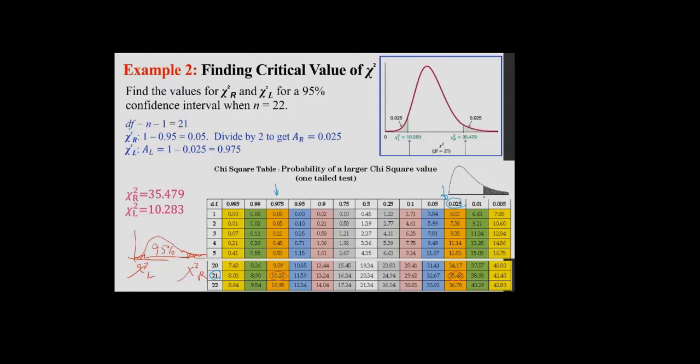And I repeat, take a look at the given here. Let me use a different color again. This one, class, take a look at this one. This tells you need the area to the right to do the reading, everybody. Area to the right. Let's go to the next example.